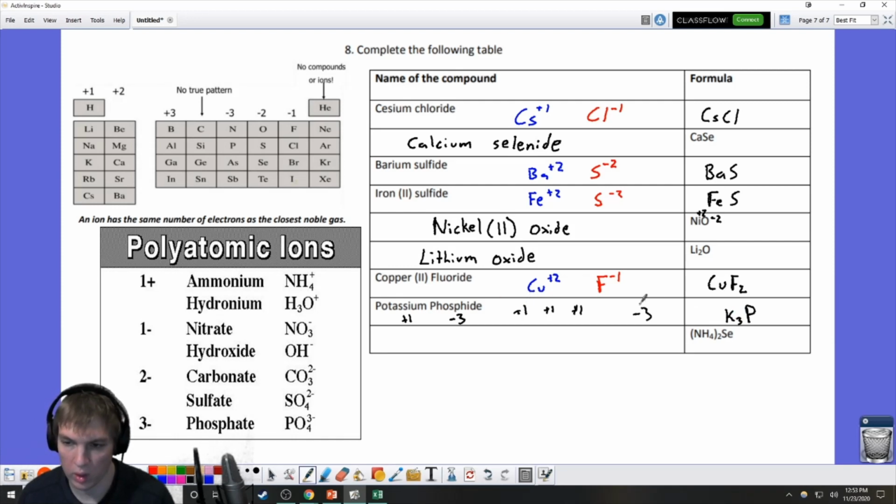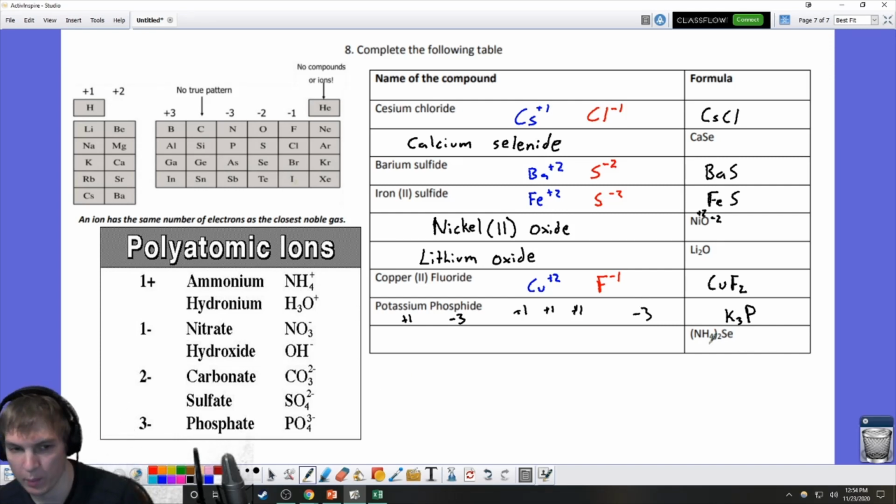because we have 3 +1 for the 1 -3. All right, the last one is going to cover a polyatomic ion, NH4, which is, if we take a look at our chart, ammonium, and we have 2 of those. Okay, and then we have Se, which is selenium. So we have identified the first one, which is ammonium.